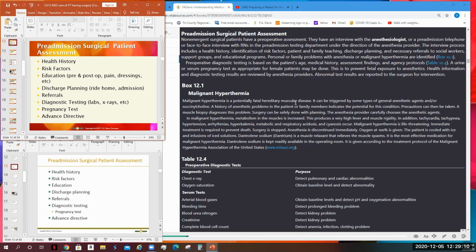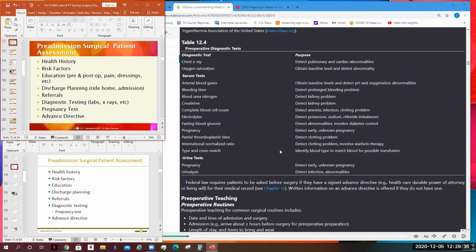It is the most effective medication for malignant hyperthermia. Dantrolene sodium is kept readily available in the operating room. It is given according to the treatment protocol of the Malignant Hyperthermia Association of the United States, which is mhaus.org.